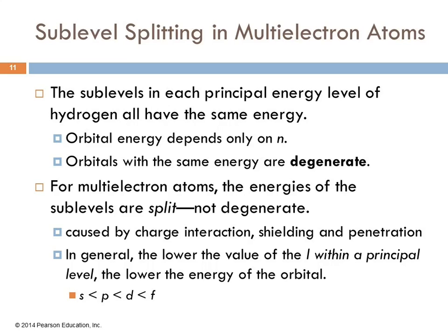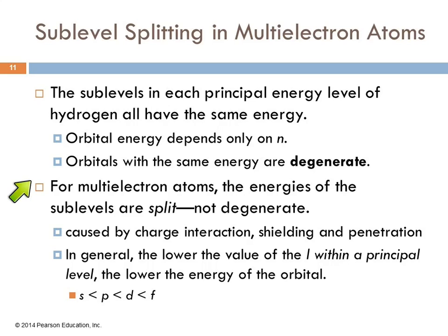In all the other atoms, there's interactions between electrons, and so the p rooms are a little more expensive than the s rooms because of those noisy people coming up the elevator. So for hydrogen, the orbital energy depends only on n, and we say that orbitals with the same energy are degenerate, meaning they have the same amount of energy.